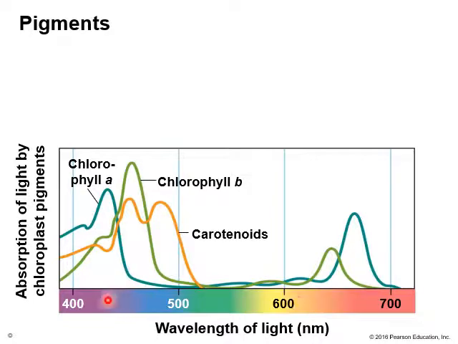Okay, so another really important aspect of light that I want to teach you about here has to do with light being absorbed and being reflected. So in the air around you, there are all of these different wavelengths of light. Those wavelengths of light bounce into or strike objects.